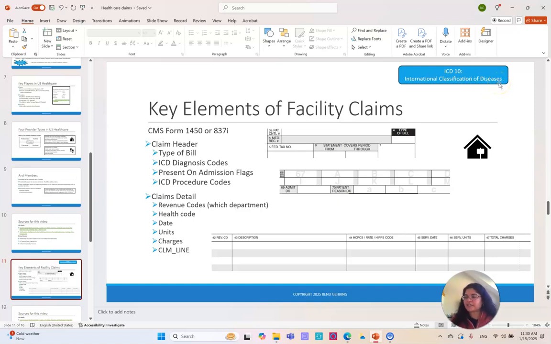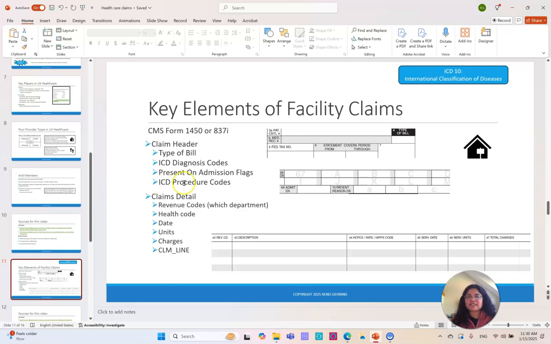We are currently on the 10th version, and if I'm not wrong, and I could be, there are about 100,000 different codes. And what do I mean about codes? I'll be talking about this later on in my video on healthcare codes, but suffice it to say, these are condition codes. Diabetes would be an example of a diagnostic code. And then obviously there's a structure and a nomenclature to these diagnosis codes.